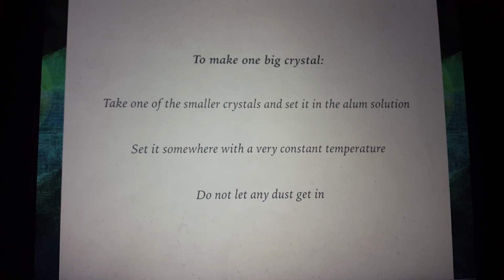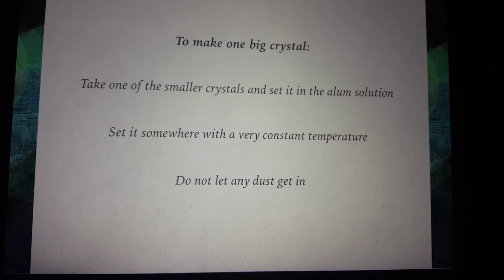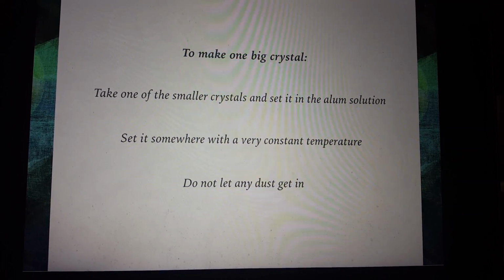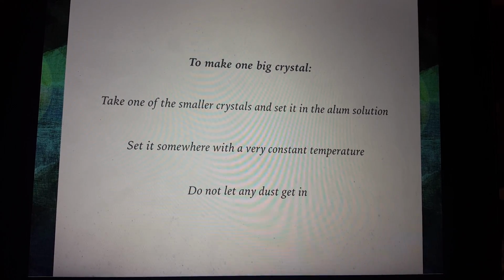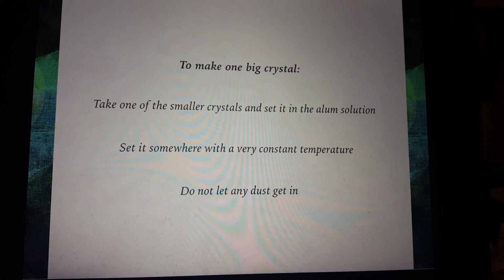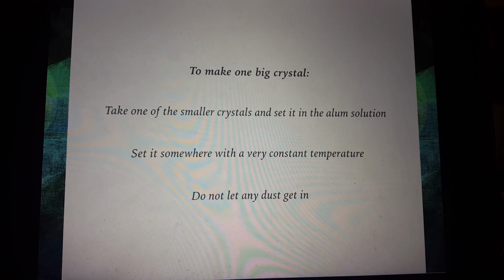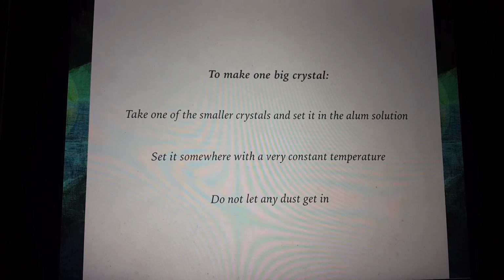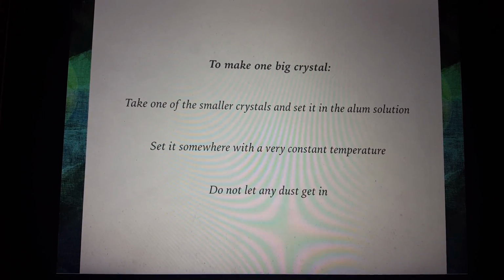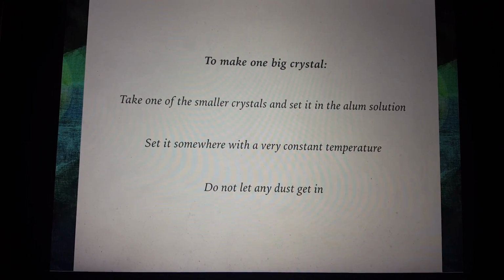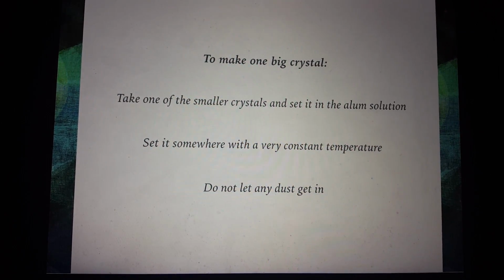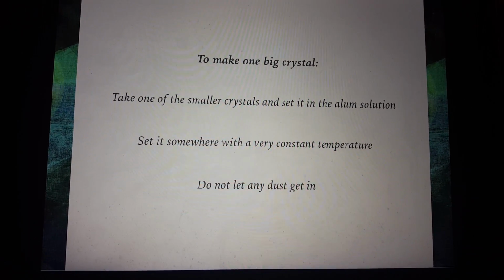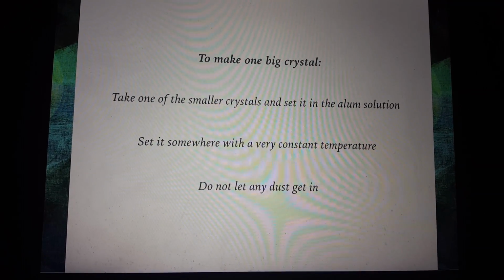And in order to make one big crystal, the process is to take one of the smaller crystals that's already formed at the bottom of the vial, which is called a seed crystal, and set it in a saturated alum solution, and set it somewhere with a very constant temperature, and cover it enough so that none of the dust gets in, or no pollution from the air.